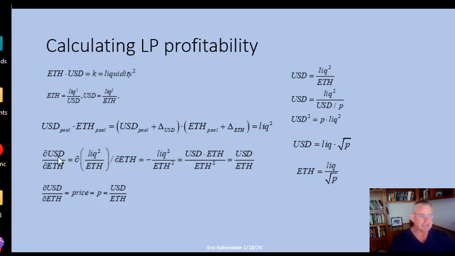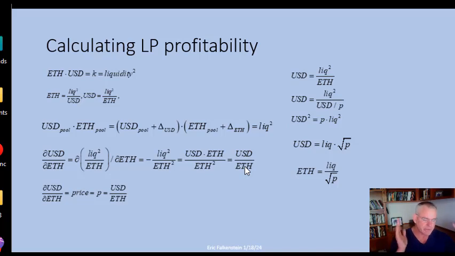You can take the derivative of USD with respect to change in ETH. USD is equal to liquidity squared over ETH. Take that derivative and it works out to just the ratio of USD to ETH in the pool.